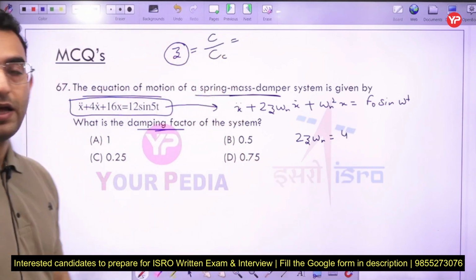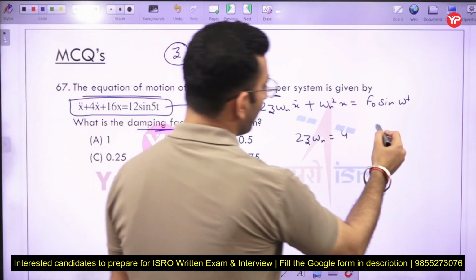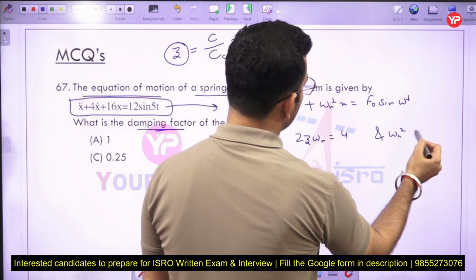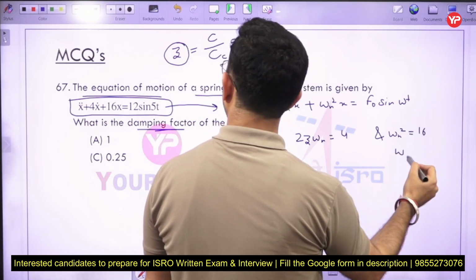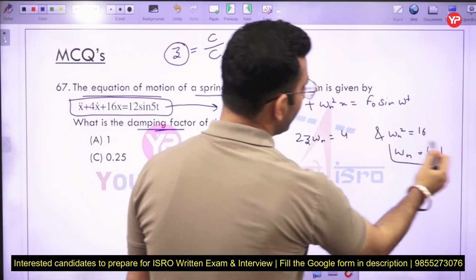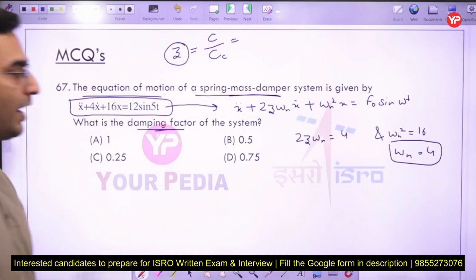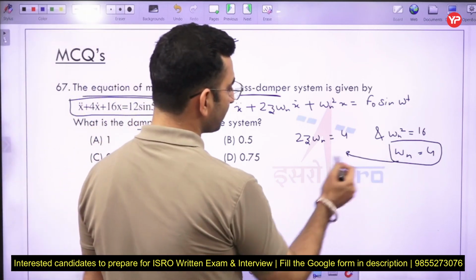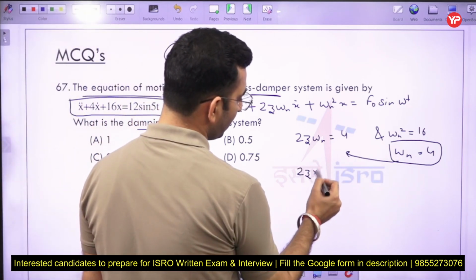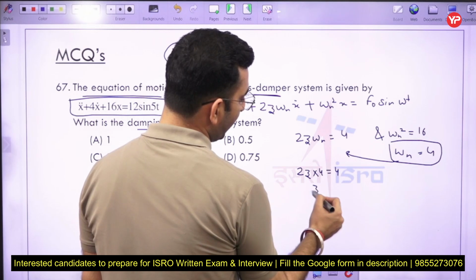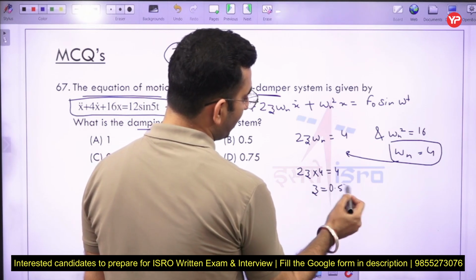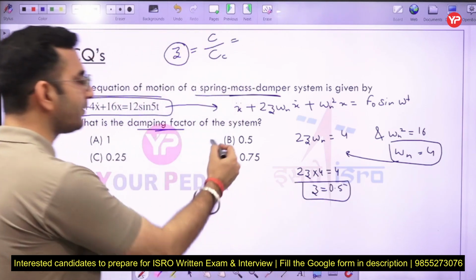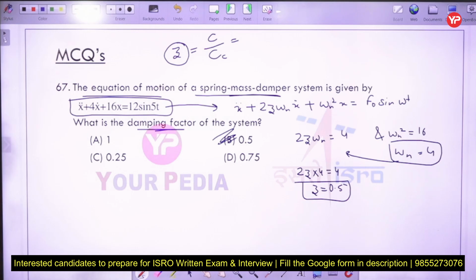Okay, and correspondingly omega n square is going to be equal to 16. So I can write omega n will be 4, and here I can write the zeta will come out to be 0.5 here. Okay, so option number B will be the correct answer here in this case. Okay, so again that's a very simple question.